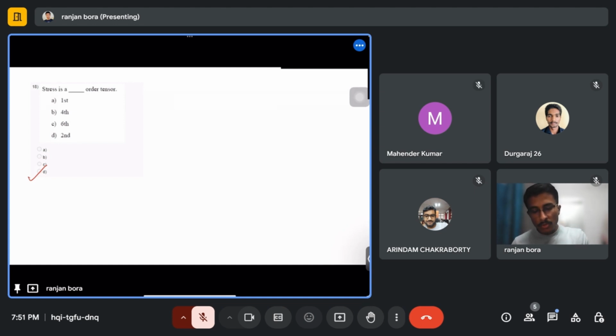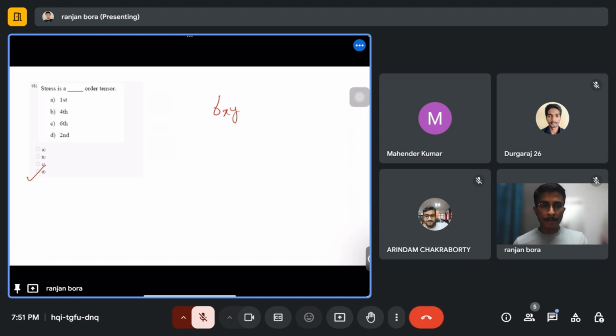See, to define a stress, how many components do we need? So this is the definition of stress, and what are the parameters we need to define this stress?